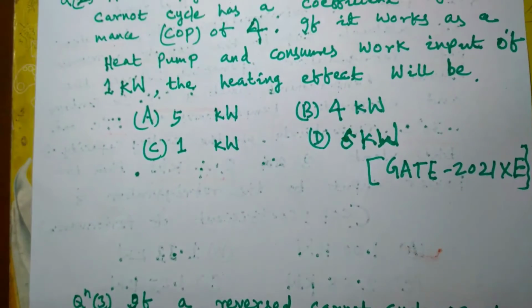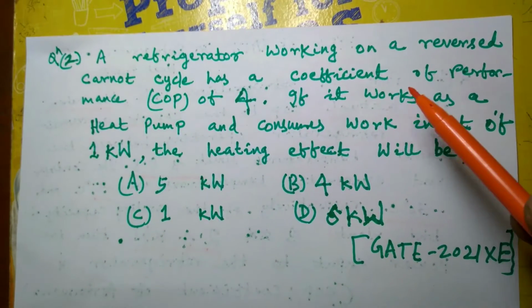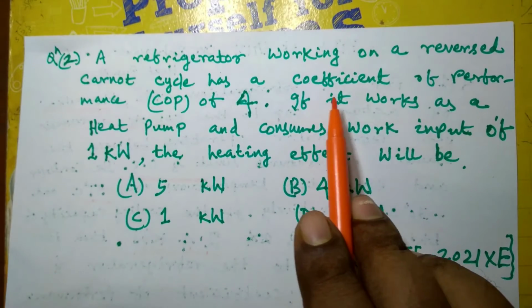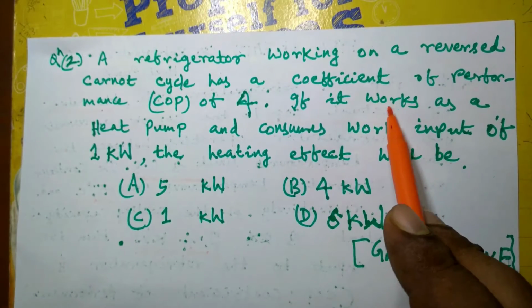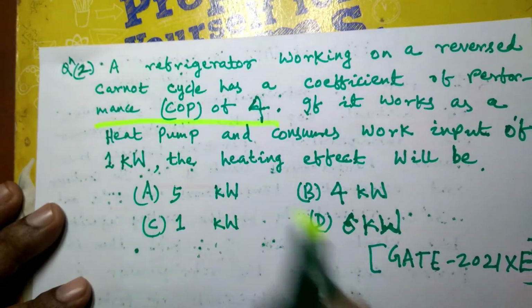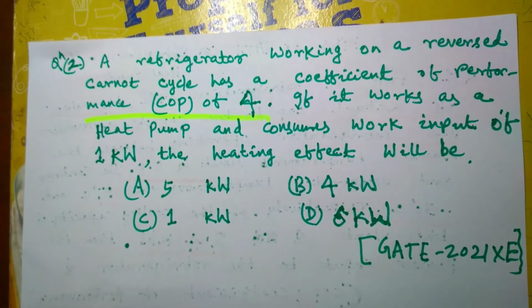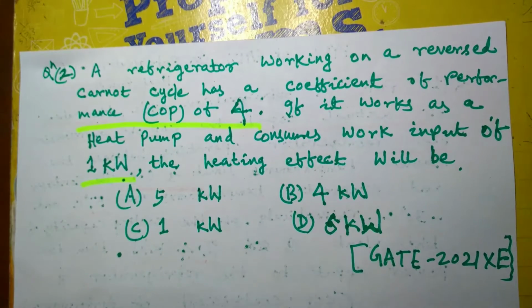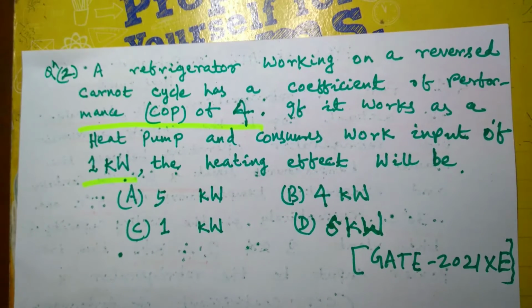Next question is, a refrigerator working on a reversed Carnot cycle has a coefficient of performance of 4. You know, COP of refrigerator between two given temperatures is 4. If it works as a heat pump and consumes a work input of 1 kilowatt, then the heating effect will be how much?